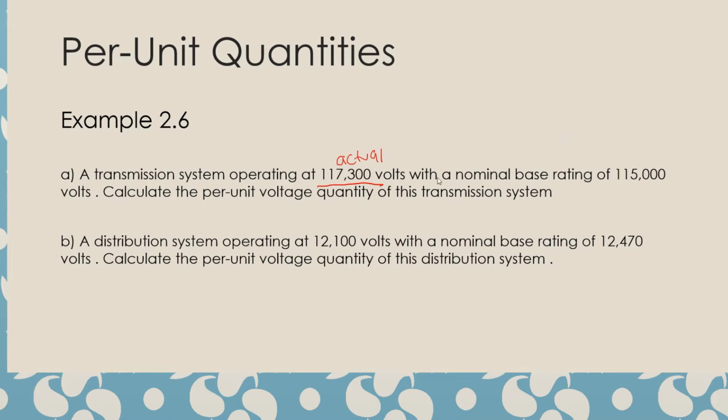And with the nominal base rating of 115,000, this is the base. How do you know it's the base? Because in the question it says the nominal base rating. The question asks you to calculate the per unit voltage, and you know that per unit is given by actual divided by base.